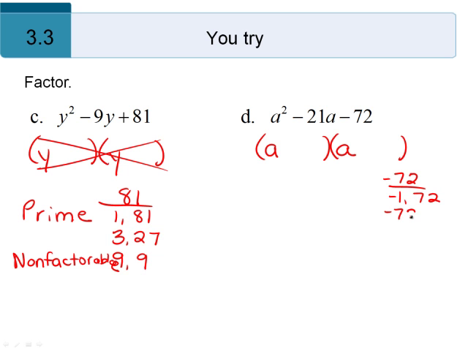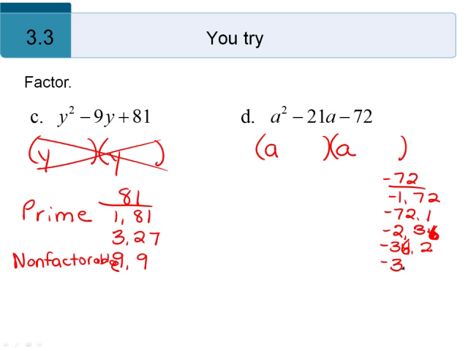Negative 1 and 72, negative 2 and 36, that's still not close to 21. I can't even divide. Some math teacher. I even tried this one before I started the video. It's pretty embarrassing.